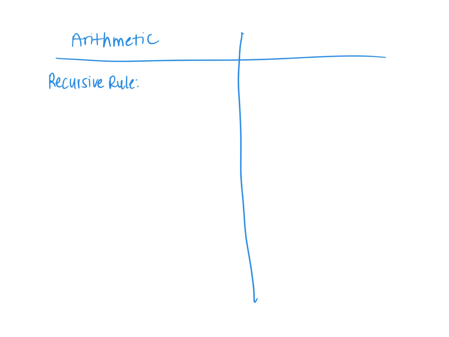So for that same sequence, and again, I'm just going to put it up here so I remember it, for the recursive rule, you always have to tell me, hey, what was the first term? Well, the first term is 3. Then to find any term after it, you take whatever the term before was, and you add 8 to it.